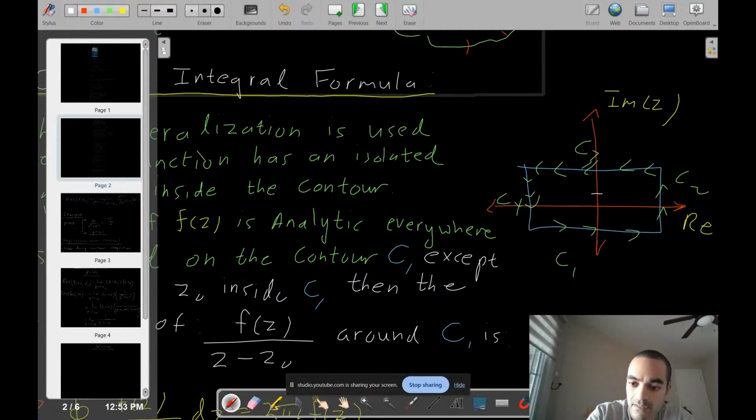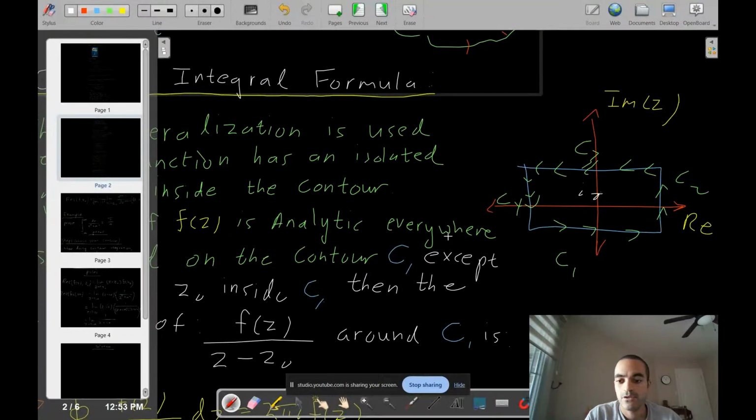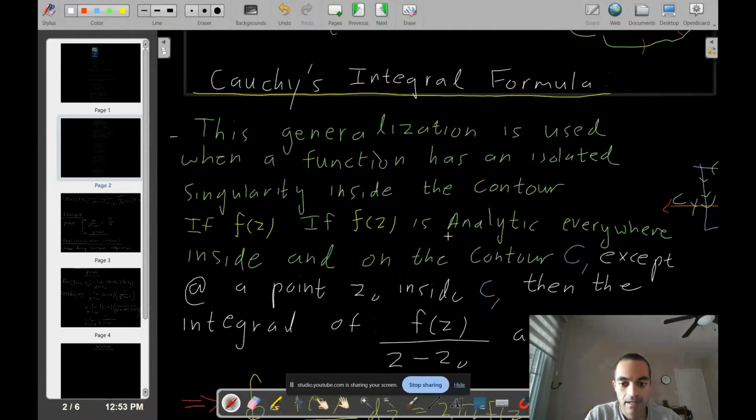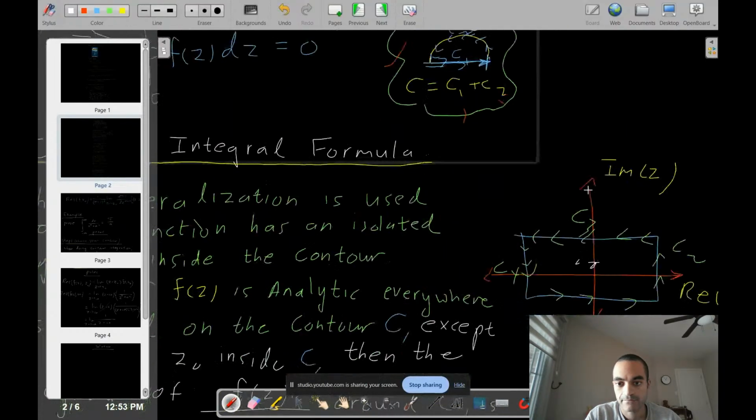So I would be located over here, at this intercept. As you can see, it's located inside the contour, right? It's inside this contour here.